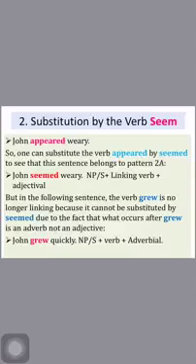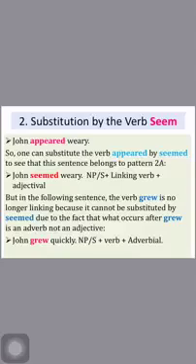Let's see how. If I substitute grew with the verb seemed, why seemed? Because it is in the past tense. It can't be substituted by seemed. Why is that? We will see.